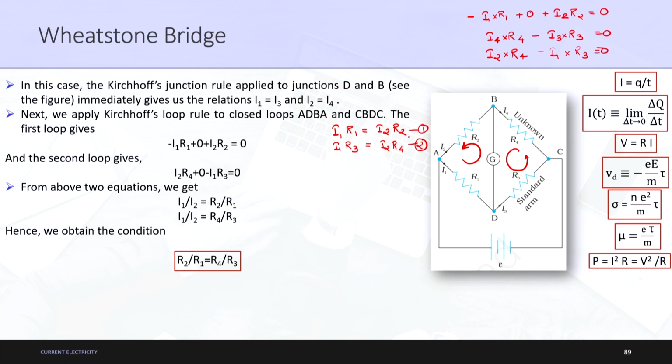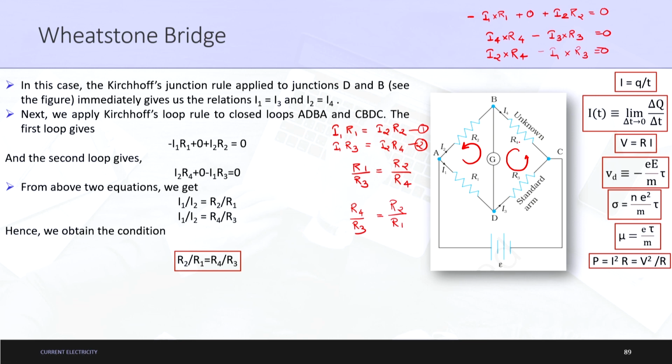Now, dividing the equations, what we get is R1 by R3 is equal to R2 by R4, or in an easier sense, R2 by R1 is equal to R4 by R3, and this is the complete function of the balanced equation.